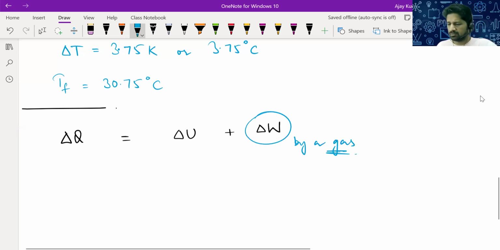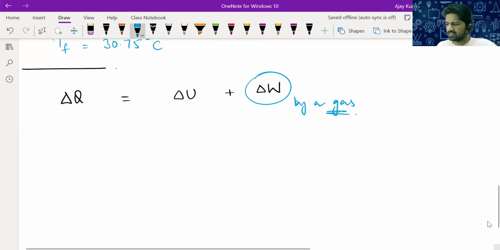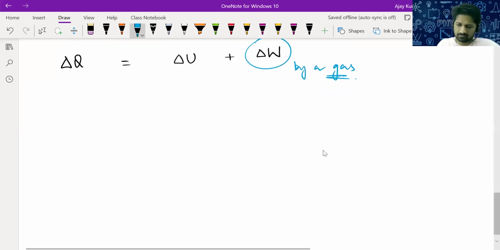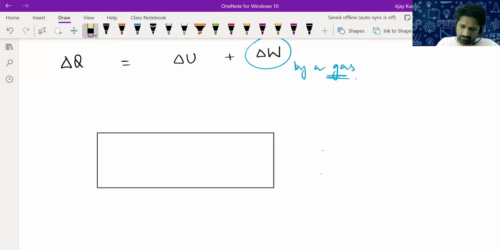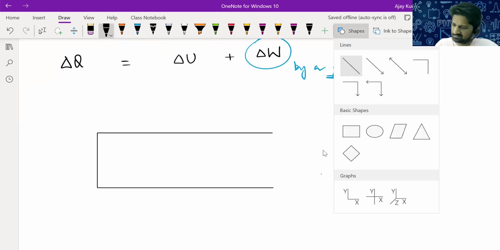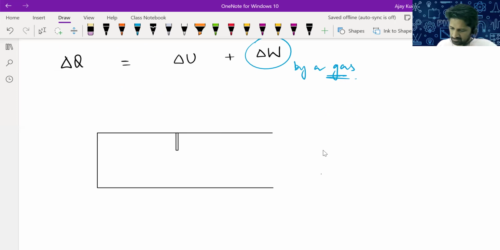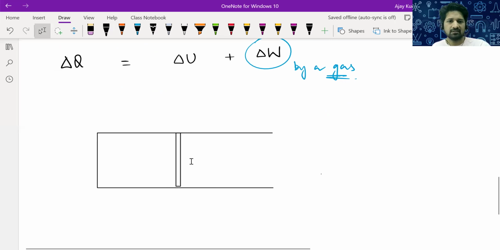Can one of you tell me, from what you learned in mechanics, what is the basic formula for work? By definition, what is the basic formula for work? W is equal to... you all must answer such questions. These are very simple definitions.